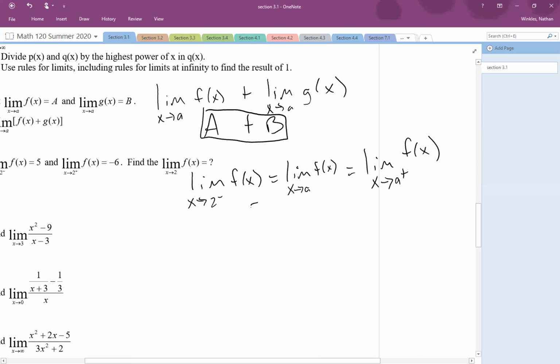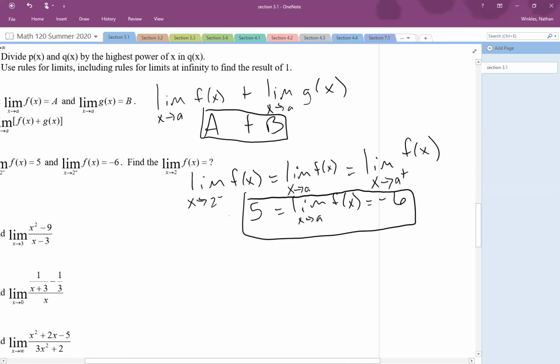From the left, we are at 5, must equal our limit as x approaches a of f of x, which must equal -6. Well, this statement can never be true. 5 cannot equal the limit, which is also equal to -6, because basically what we're saying is, can 5 equal -6?